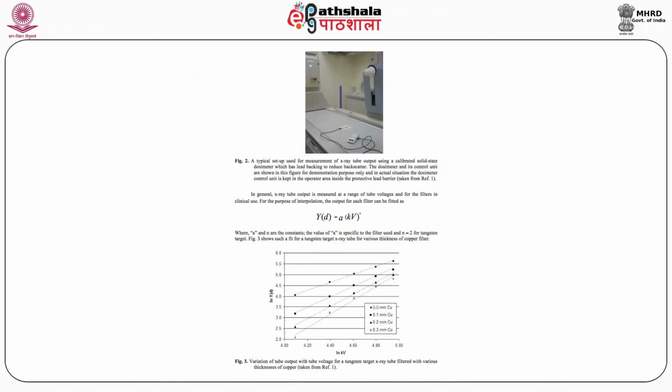Now we will also include in this discussion the selection of instrumentation for dosimetry output measurement of the X-ray beam. For your information, output measurement of the X-ray beam is an important component of a quality assurance program. It is required that the output measured should be consistent and it should also have the required linearity.